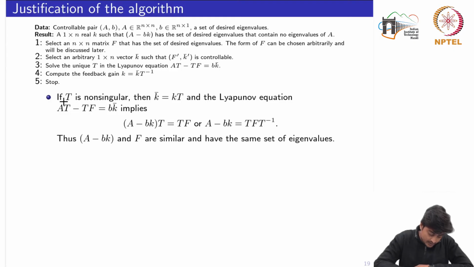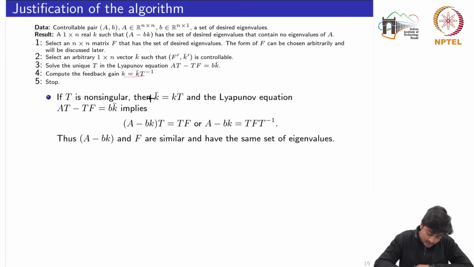The first point is that if the matrix T is non-singular, then I can write k bar is equal to k into T, and in the Lyapunov equation k bar can be replaced by kT.